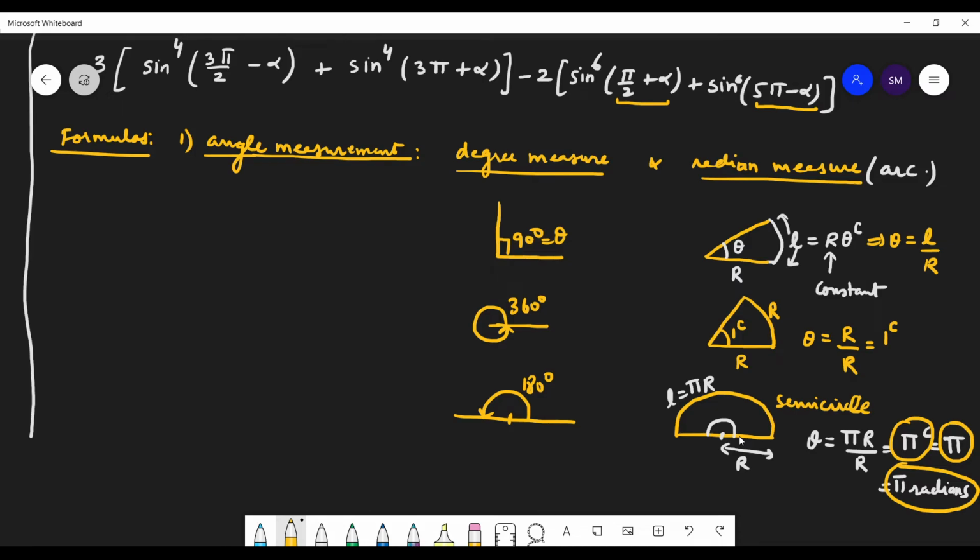So we have one more concept left before we start doing the questions. What is that concept? The fourth concept. See, if you have sine of 90 plus theta or 90 minus theta, and cos of 90 plus theta or minus theta.